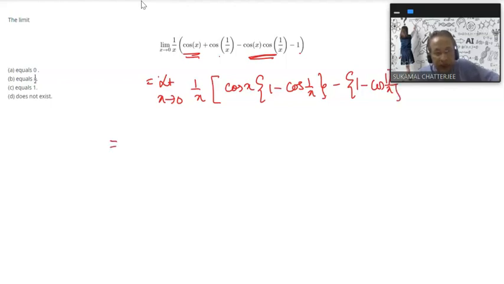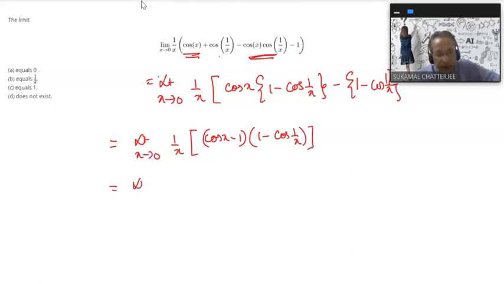So this can be written as limit x tending to 0 of 1 by x into cos x minus 1 times 1 minus cos of 1 by x, which can be written as limit x tending to 0 of cos x minus 1 by x into 1 minus cos 1 by x.